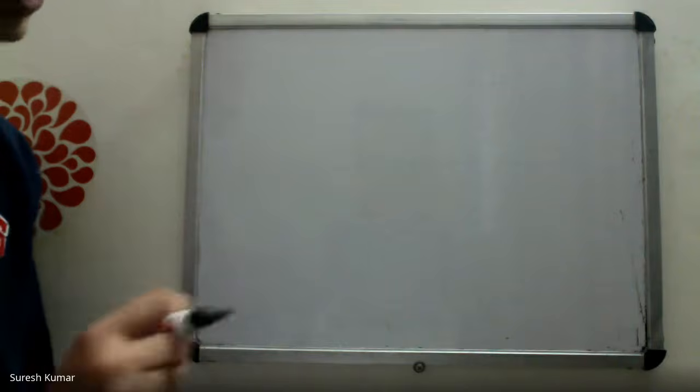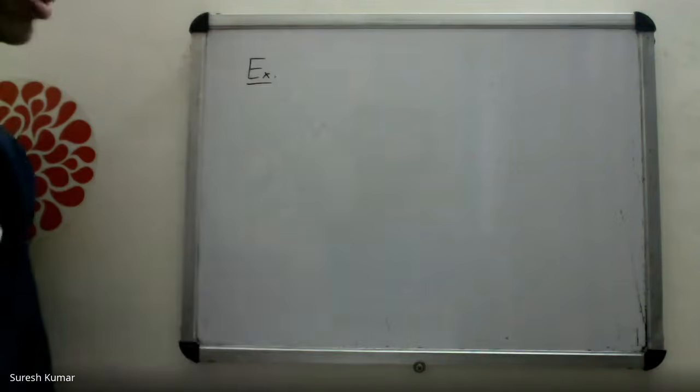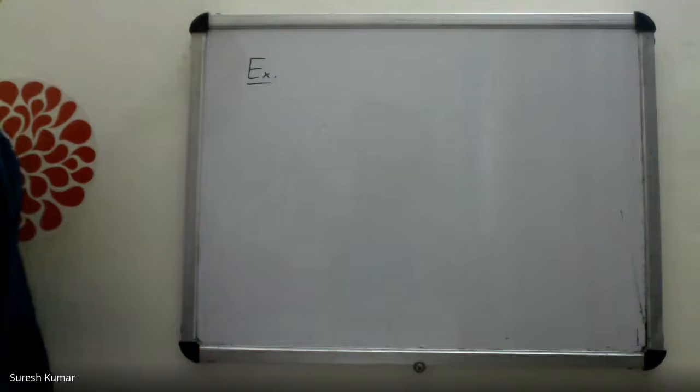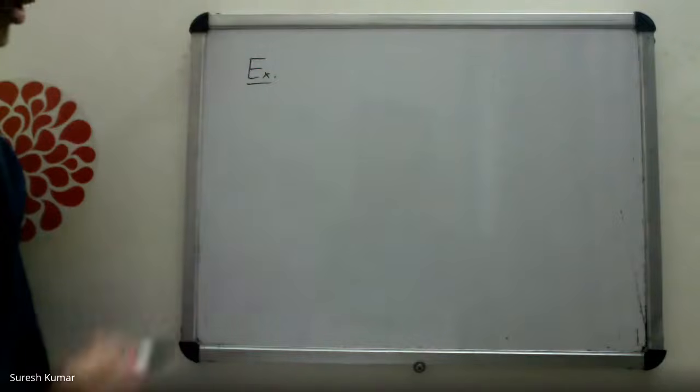Okay, next, the cases where limit doesn't exist. We have already done some problems. What is the way to prove that limit doesn't exist? Limit is path dependent. If you are able to show that limit is path dependent, then that limit doesn't exist.